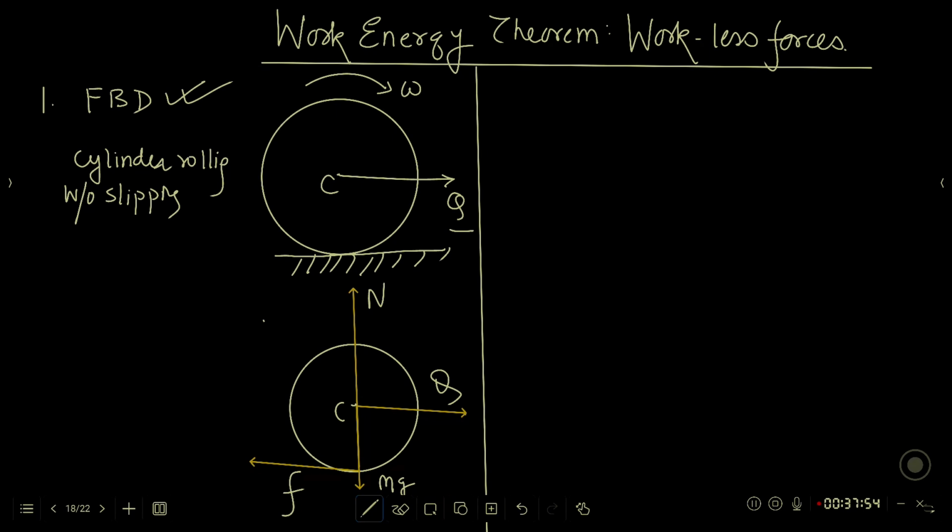Now if I have to find the work done by all the forces, some of these forces, even though those forces themselves are not zero, their contribution to the work done, or power, will be zero.